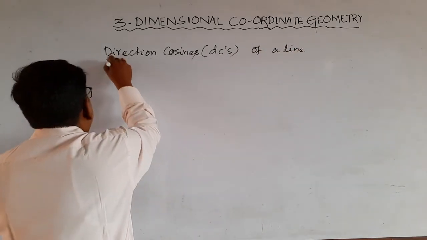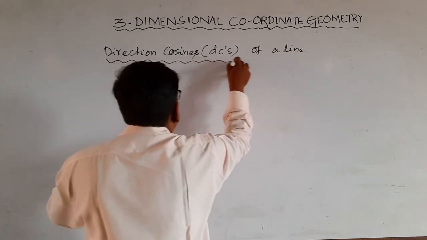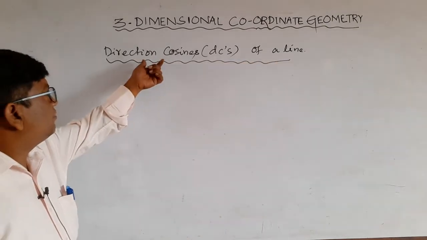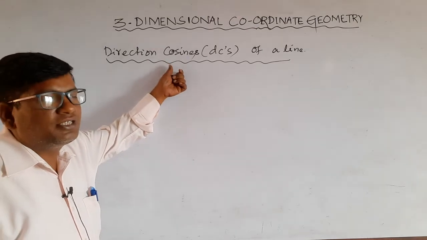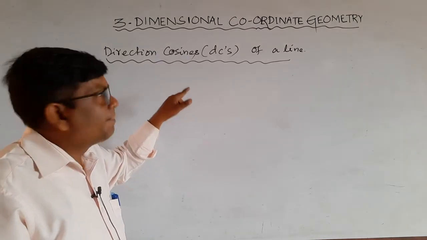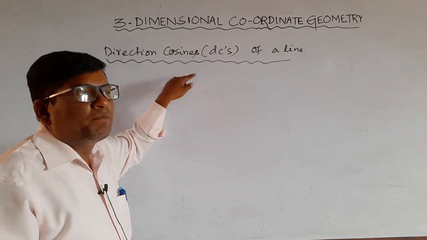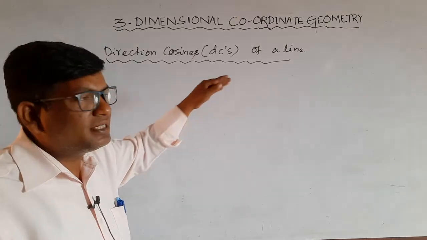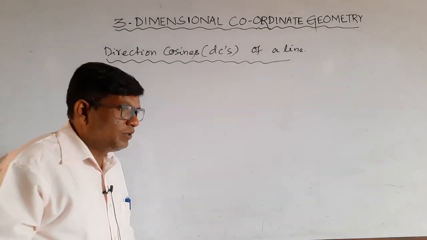Actually what is meant by DCs, direction cosines? The literal meaning is cosine related to angles. Direction means angle. Direction cosines means cosine related to angles. That is called direction cosines, that is the literal meaning.